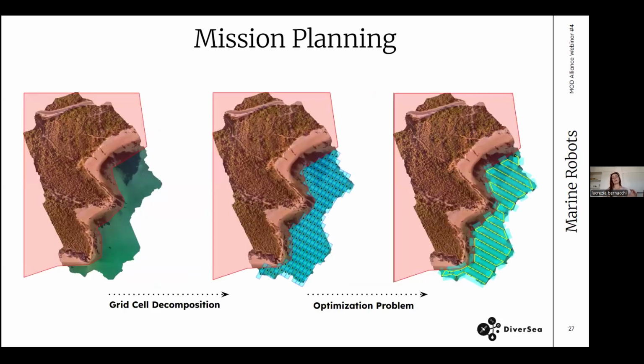So the main steps of this approach are: first, detect in an autonomous way the obstacles that you can see in red. In this case, it's just the coast and too much shallow water. We want to detect them autonomously and in an automatic way. Then the free space of navigation is divided in a grid based on different aspects, for example the footprint of the sensor, the overlap that we want, maybe the orientation that we want for our mission based on currents or other things.